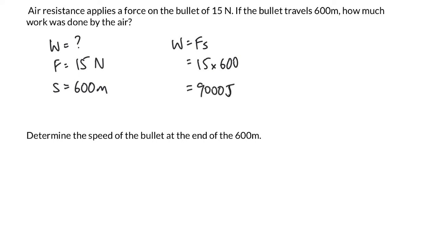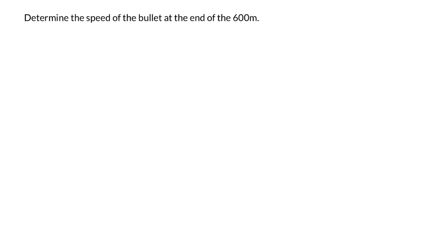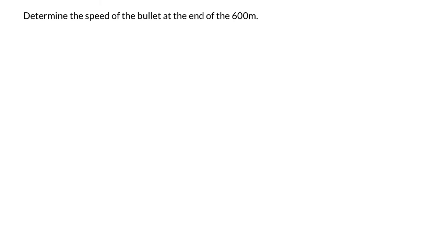Now, what work has the air done on the bullet? It has effectively slowed it down, so it now has less kinetic energy. When we ask what the speed of the bullet is at the end of the 600 meters, the kinetic energy after 600 meters is the initial energy, which was 20,000, subtract the 9,000 taken by air resistance.